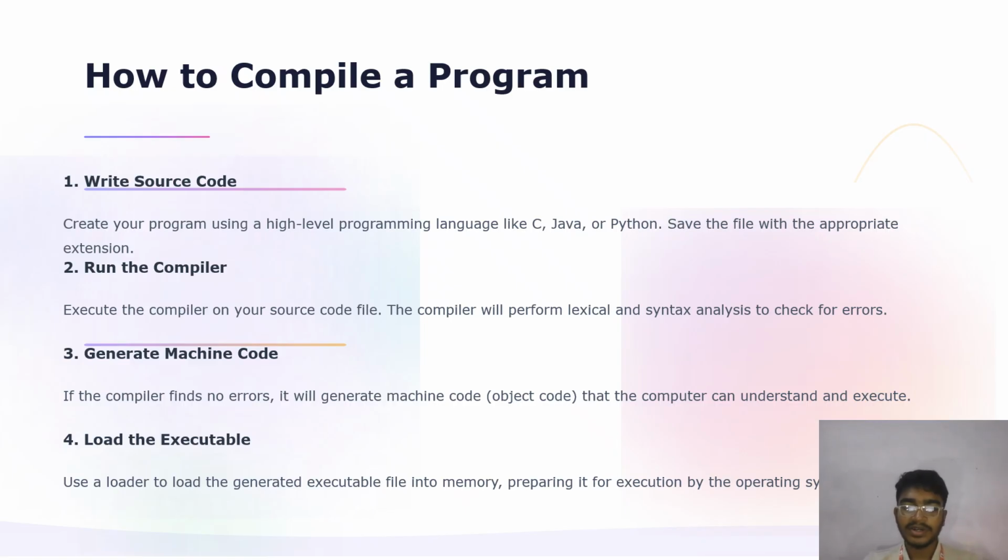The compiler will perform lexical and syntax analysis to check for errors. Generate machine code: if the compiler finds no errors, it will generate machine code that the computer can understand and execute. And next, load the executable. Use a loader to load the generated executable file into memory, preparing it for execution by the operating system.